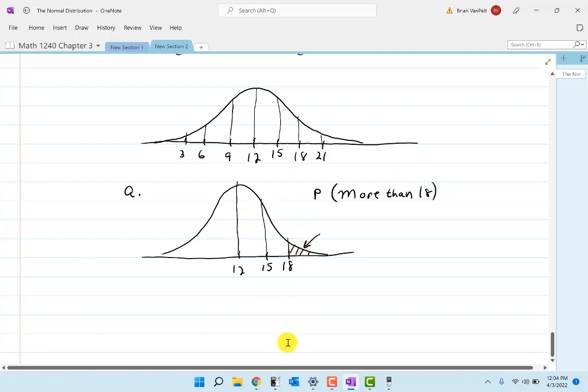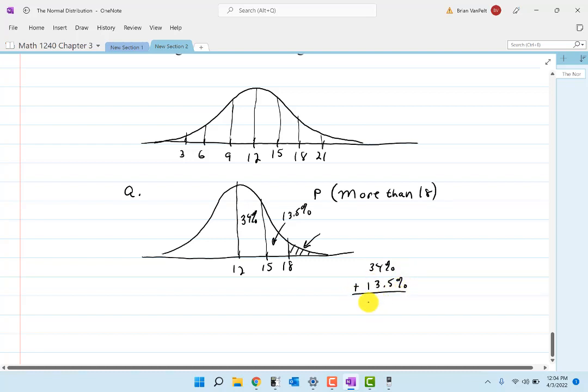Remember, the area in this spot is 34%. The area in this spot here is 13.5%. The area of the entire half is equal to 50%. So let me add these two pieces together. So I'm going to have 34% plus 13.5%.